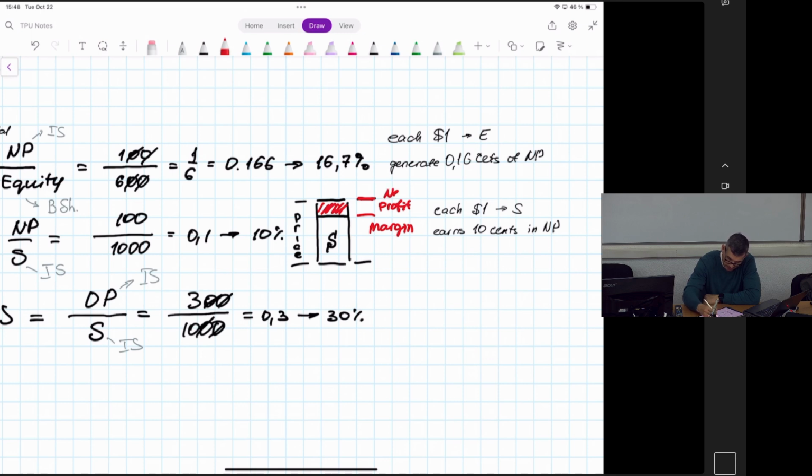So if here we had the net profit in the sales, in this case, we will look at operating profit. So this is operating profit margin, okay? So in our sales, this is our sales, this is our operating profit. So 30%.